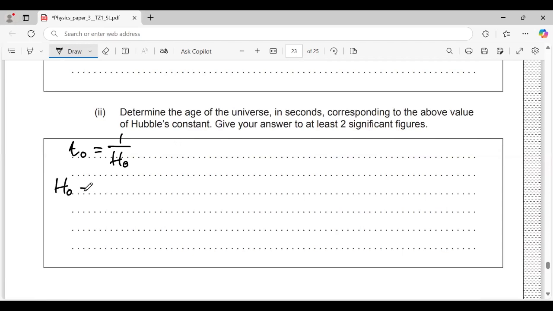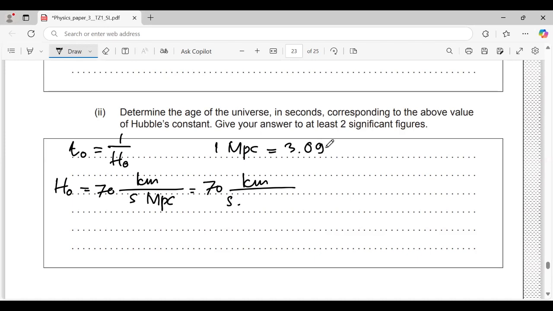Here, H0 is 70 kilometers per second per Mpc. So it becomes 70 kilometers per second, and 1 Mpc is equal to 3.09 times 10 to the power 19 kilometers.